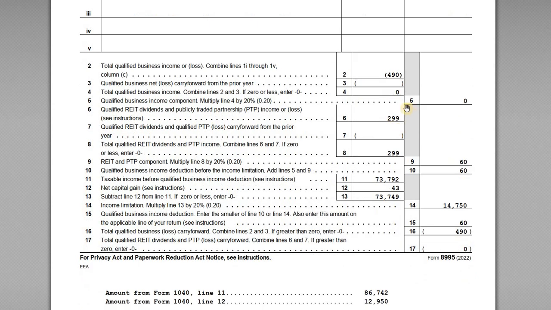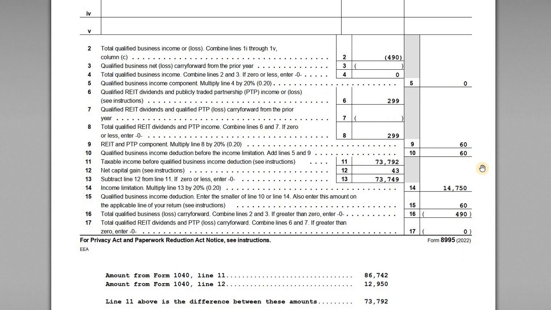And then we have on line 6 the $299 in PTP income. On line 9, we have multiplied it by 20%. So $60 is that initial PTP component. That's going to be the deduction, right? The $60 deduction.